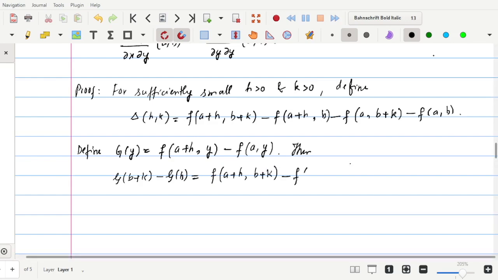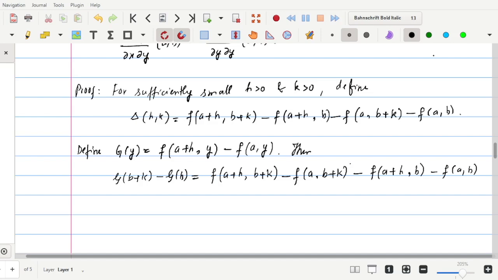Then minus g(b), and g(b) is equal to f(a+h, b) minus f(a, b). Therefore the right hand side expression is exactly Δ(h,k). That means for the function g(y), g(b+k) minus g(b) is equal to Δ(h,k).